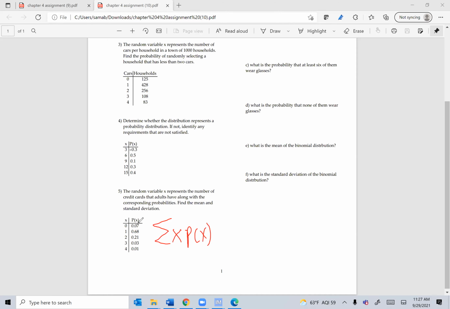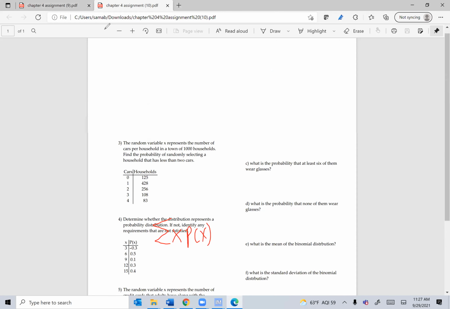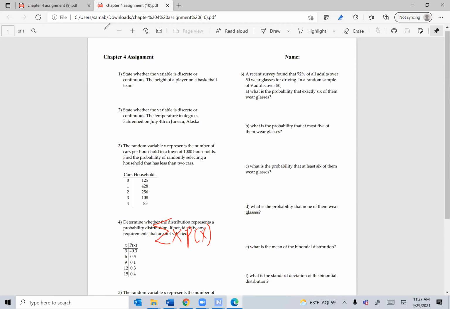So you just take 0 multiplied by 0.07 plus 1 times 0.68, and so on, and you add them. And then we go to the last question, which is the one that I've been talking about here. The first 5 questions, guys, are mainly section 4.1, and this is 4.2 right here.